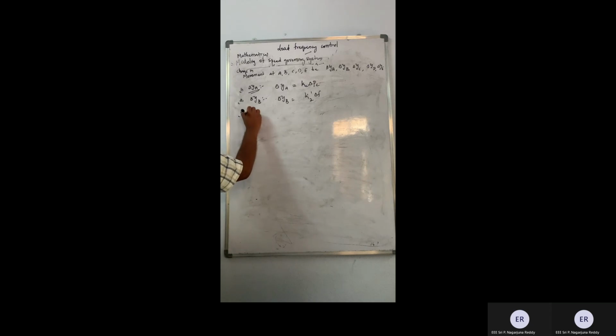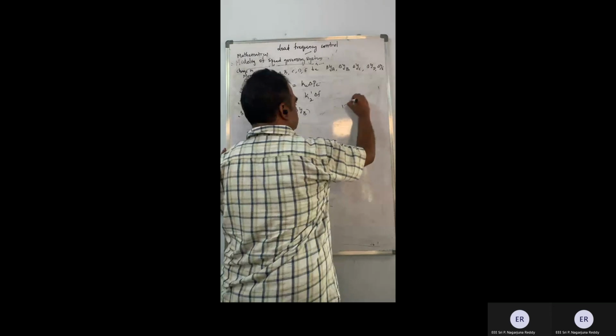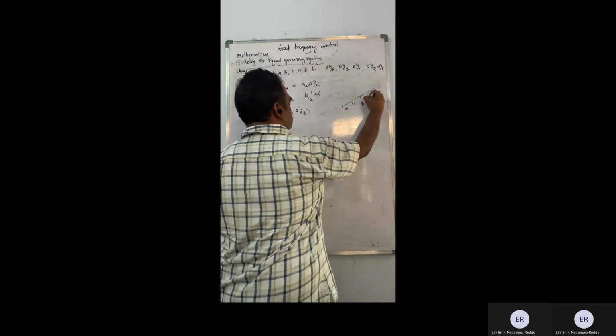Now, delta YC, isn't it? It depends upon both delta YA and also delta YB. L1 and L2 are the two lengths. Now, how is it going to be affected?